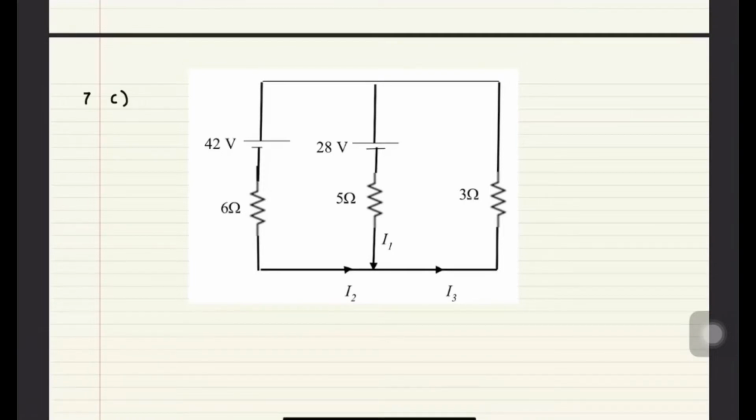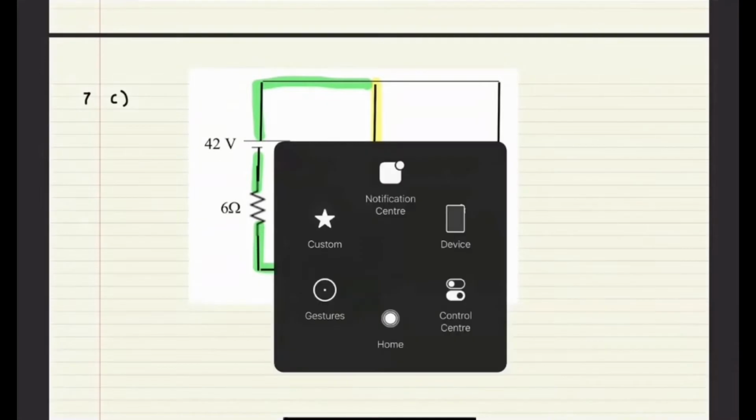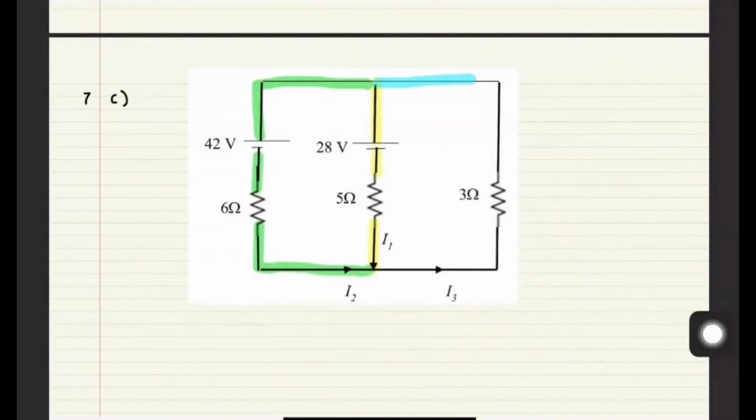First thing, you have to identify which currents I1, I2, I3 represent. I label I1 with yellow, you can color it. I2 I use green, for example, and I3 I use the blue color here. After that you can label loop 1 and loop 2. This will be my loop 1 and this will be my loop 2.